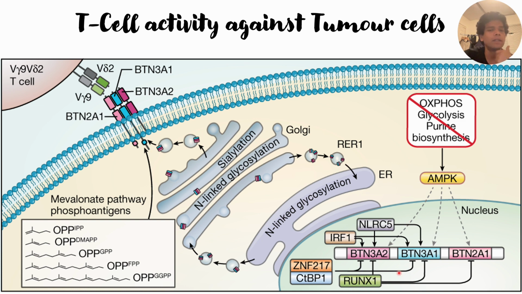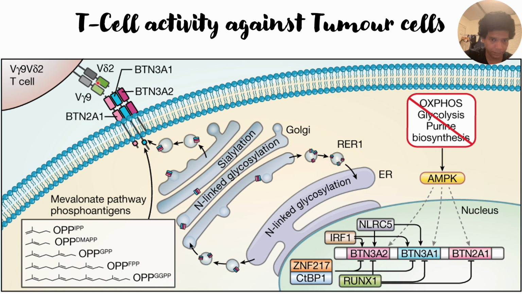Someone can target one of these factors to further upregulate these receptors, so that they can be more predominantly detected by V gamma 9 V delta 2 T cells.